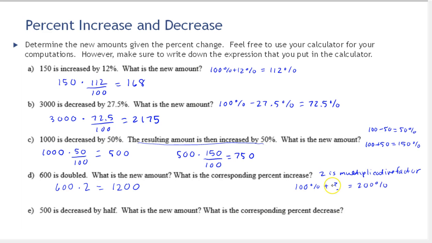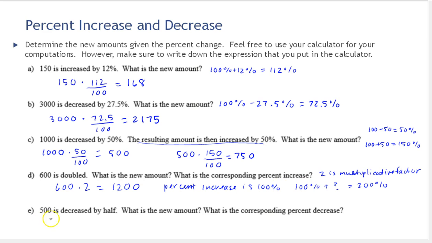So notice that means that we must have added on another 100% to get 200%. So the percent increase is 100%. Okay? So you may think, well, when I multiply 2, I'm finding 200%. So you are finding 200%, but the corresponding increase, remember you have to include the original amount plus the increase, would just be 100%.